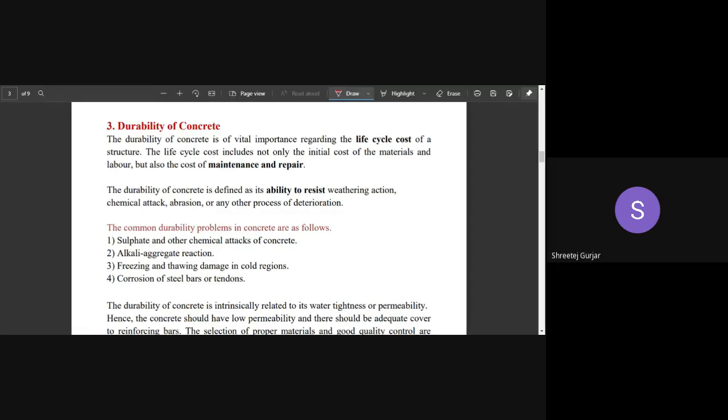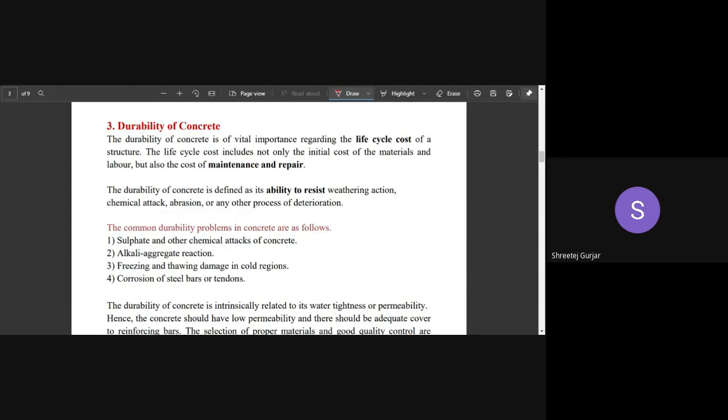So that is one important factor wherein freezing and thawing causes damage. And this is only regarding your cold regions, wherein you have very cold conditions and your water is turned into ice, and wherein your snowfall occurs, right? So this is freezing and thawing damage in concrete.